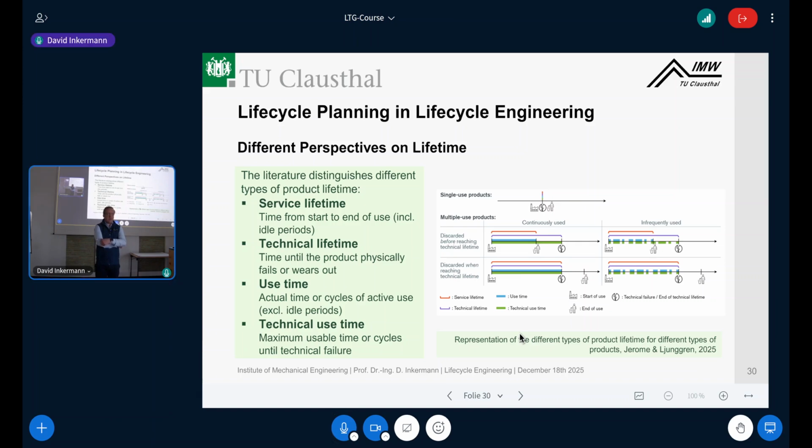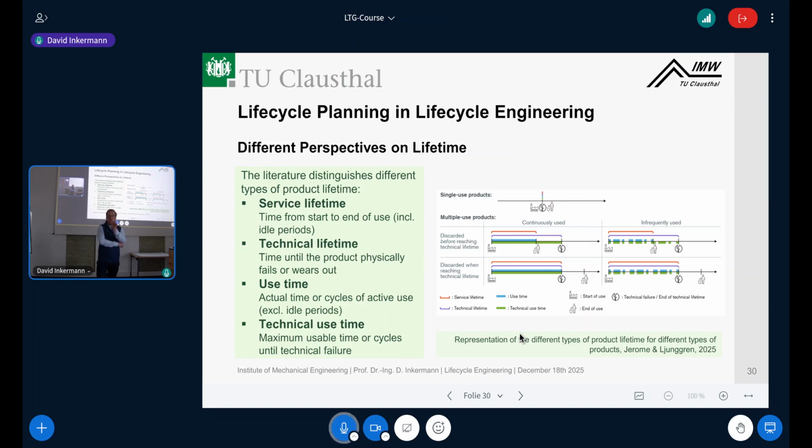And the multi-use products are those that are maybe more relevant to us because they drive more complexity. And here we have two different scenarios. There are continuously used products. That's not the case for most of our daily life products, which are infrequently used. So for instance, a scooter or a car is basically infrequently used.